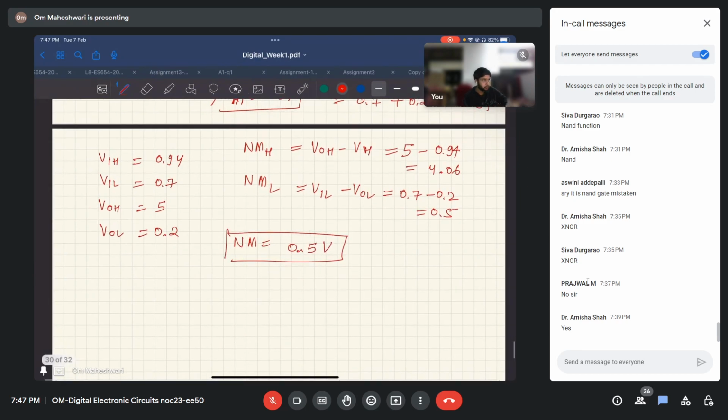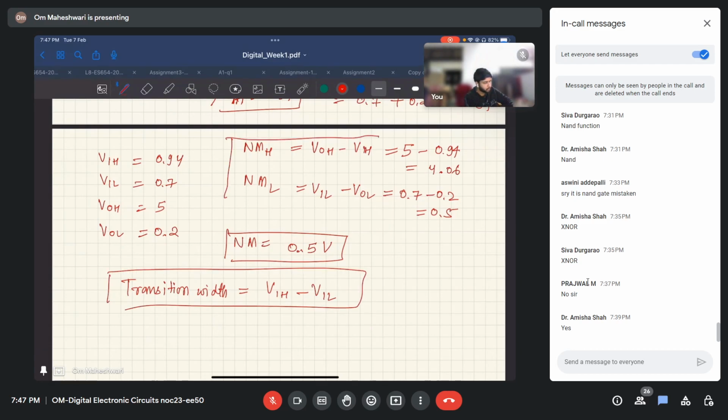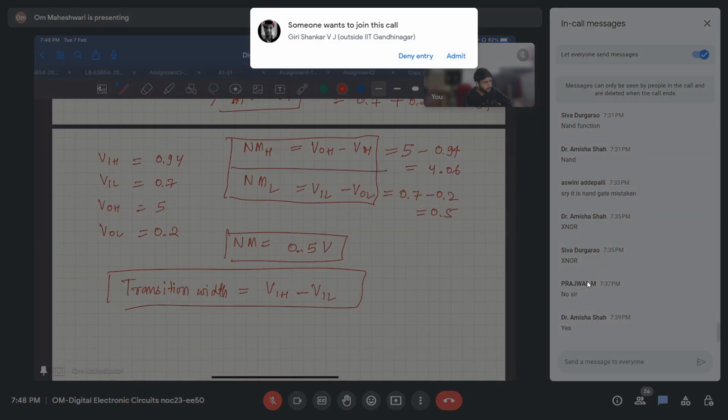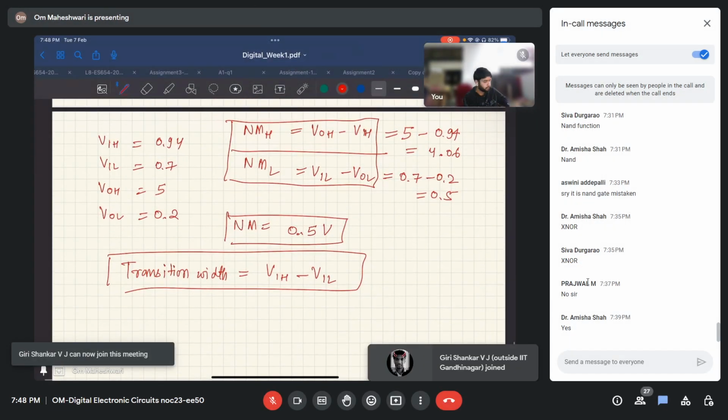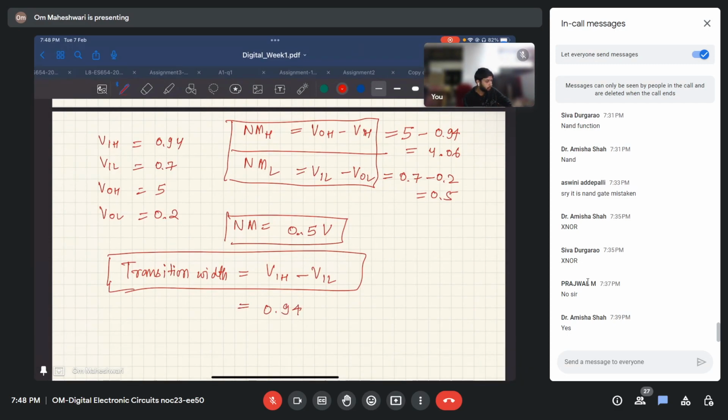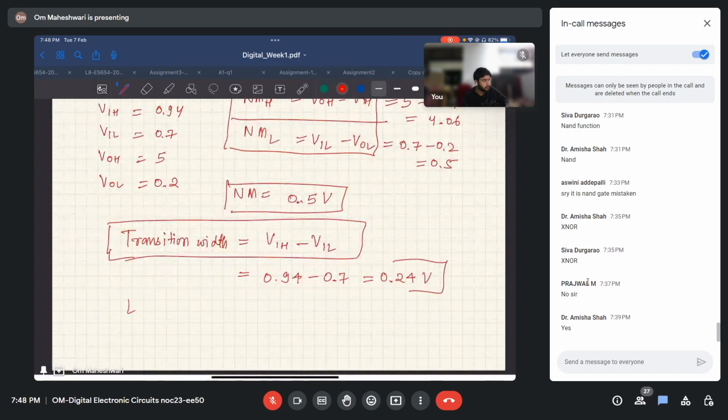Okay. Now transition width is VIH minus VIL. I'm just writing all the formulas so you remember. It is 0.94 minus 0.7, which equals 0.24 volt. And last is the logic swing, that is the difference between the outputs.